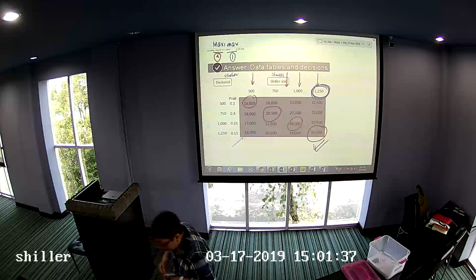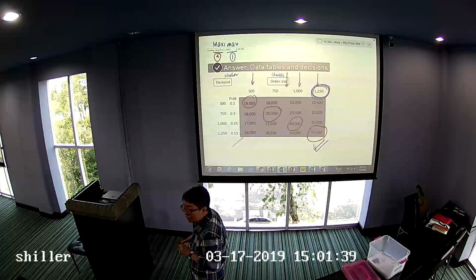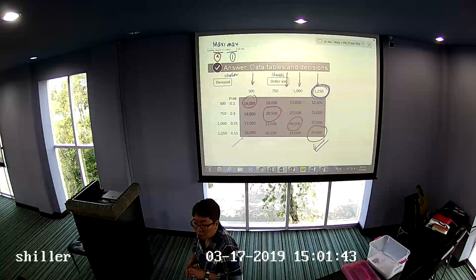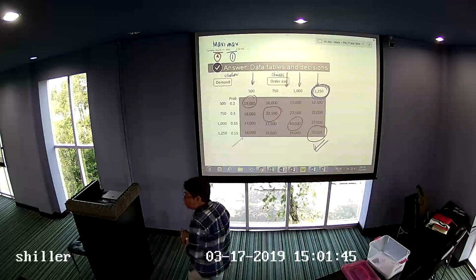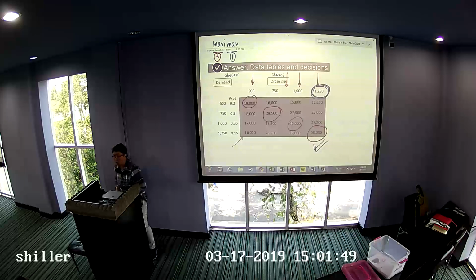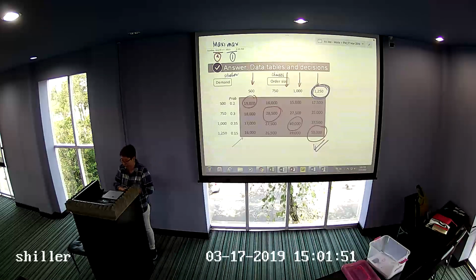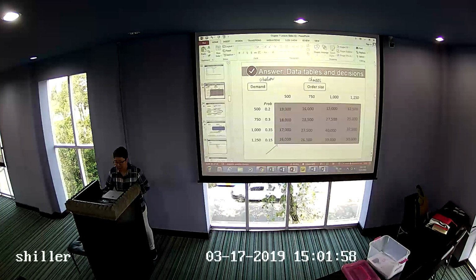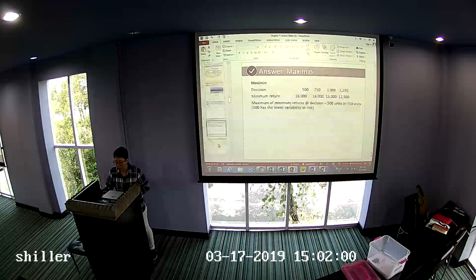But minimax regret is a certain secret. For minimax regret, you have to convert your payoff table to an opportunity loss table.